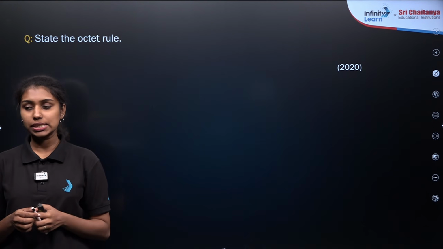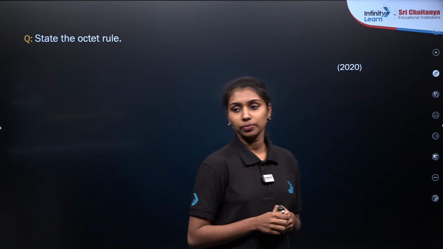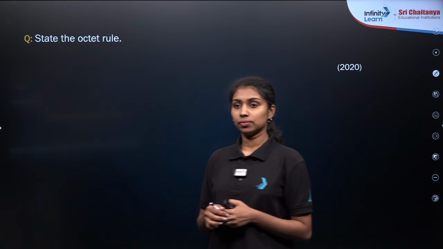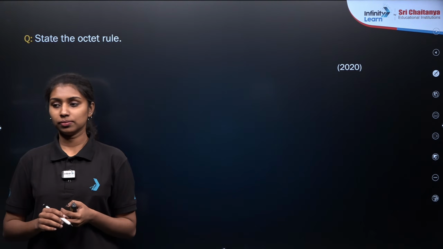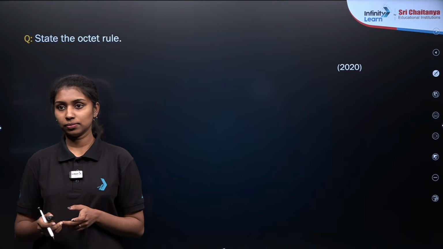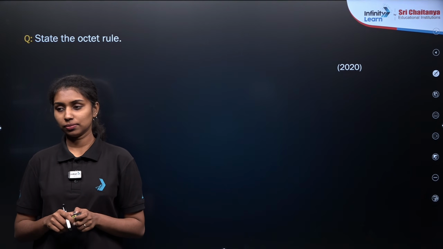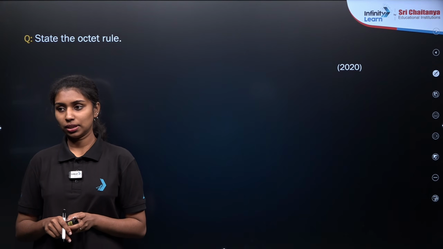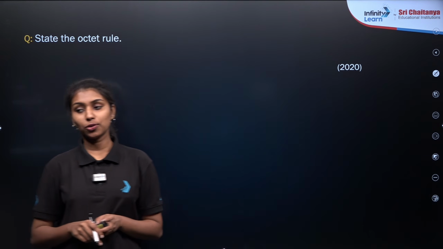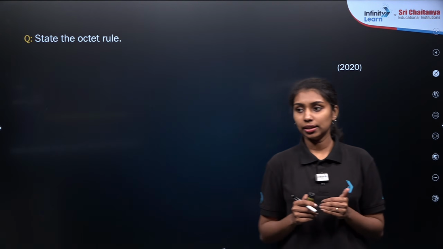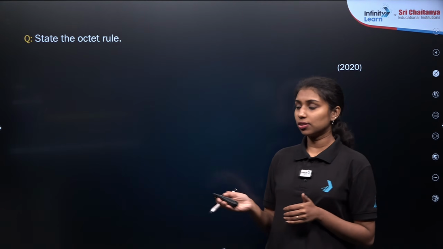Okay, here is the next question. State octet rule. In the case of the octet rule, we have seen, right, atoms need 8 electrons in their valence shell or the outermost shell.